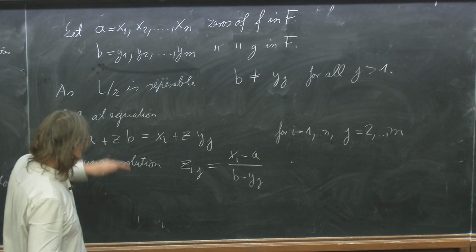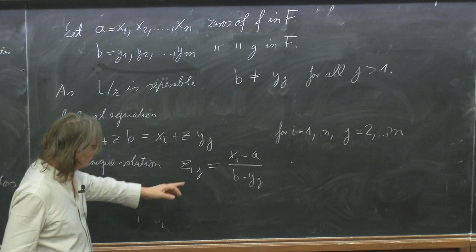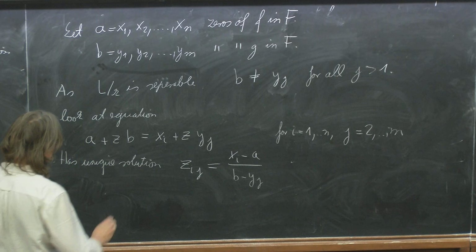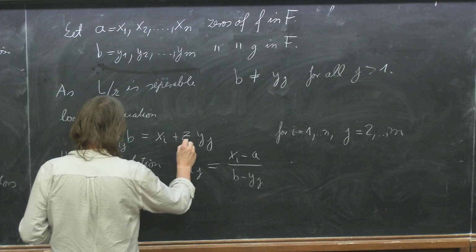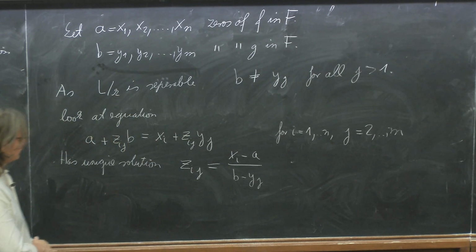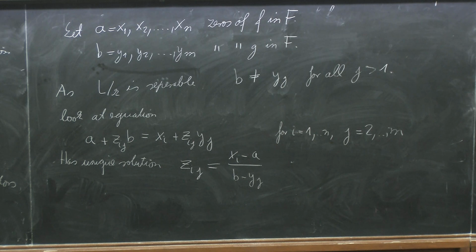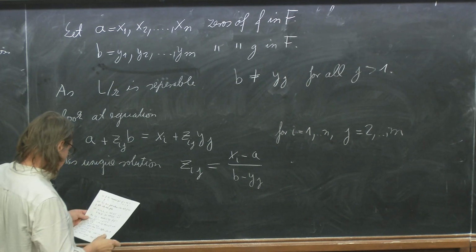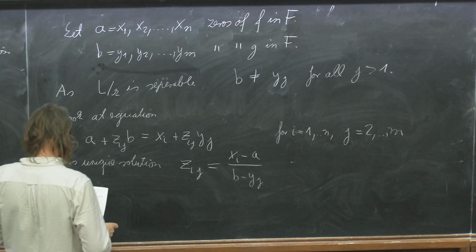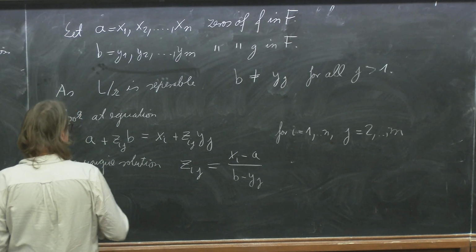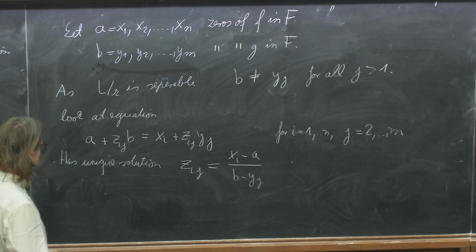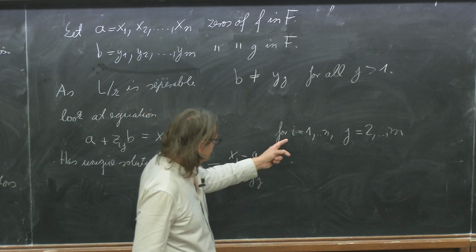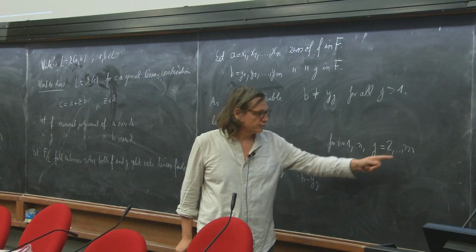So for any given i and j, there's a unique such solution. So maybe I write here just Cij to make it clear. There's a unique solution like this. In particular, we have the zij for i equal 1 to n, for j equal 2 to m.